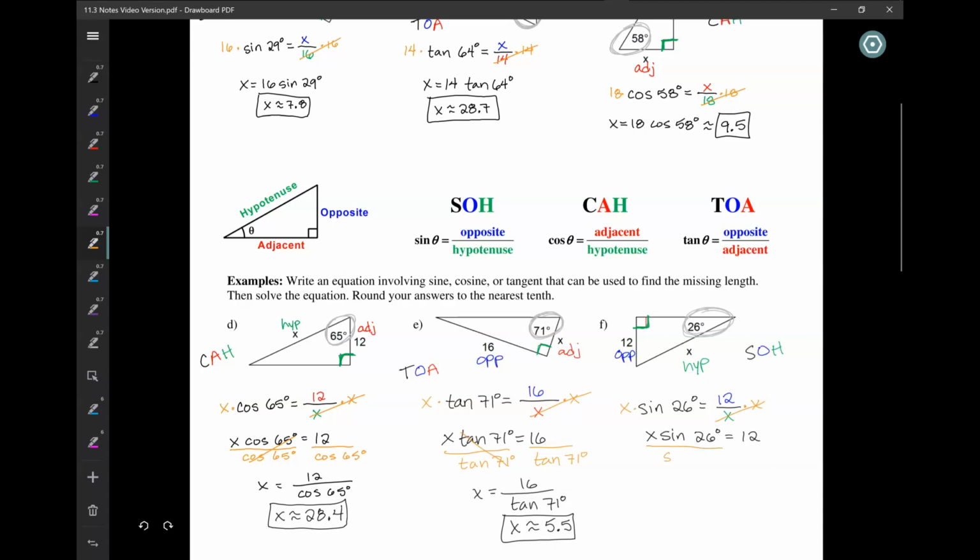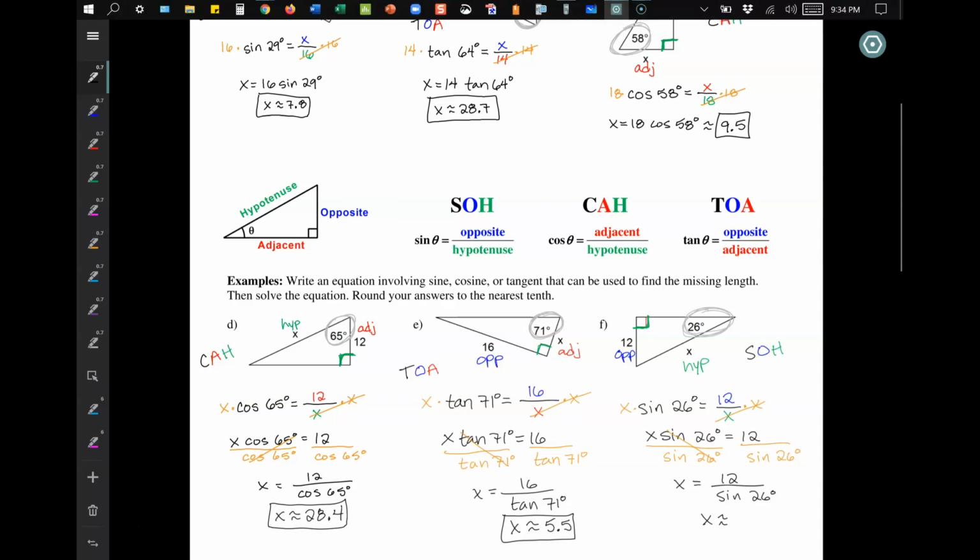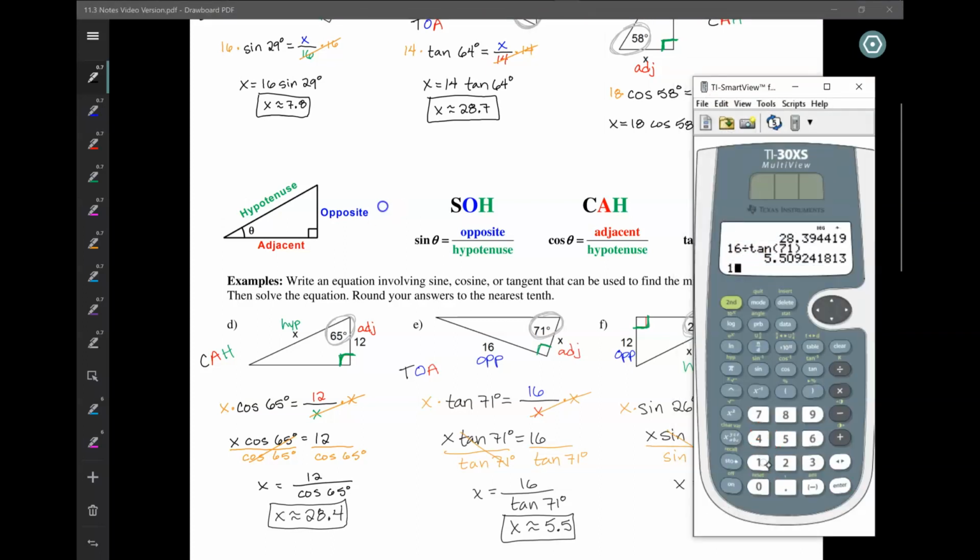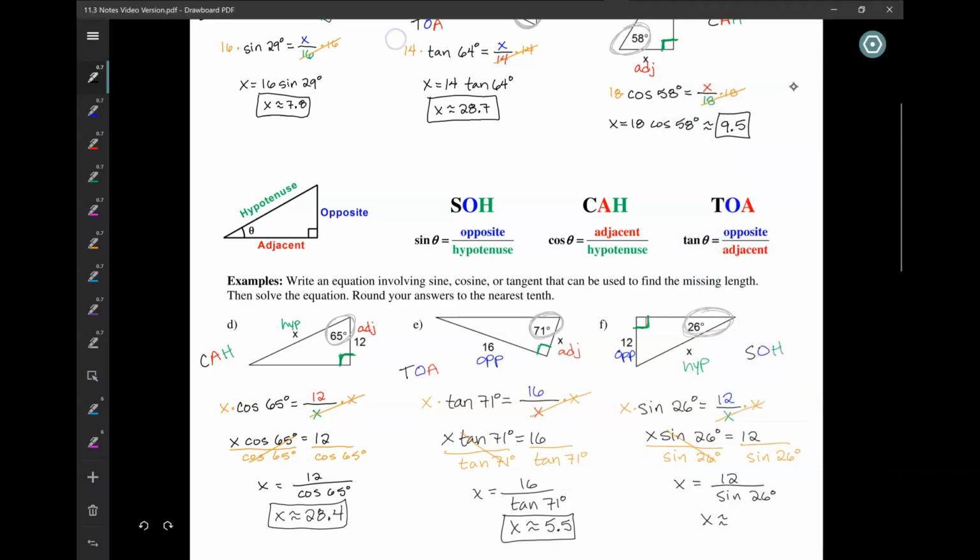Divide both sides by the sine of 26 degrees. So x is 12 over the sine of 26 degrees, which is about 27.4.